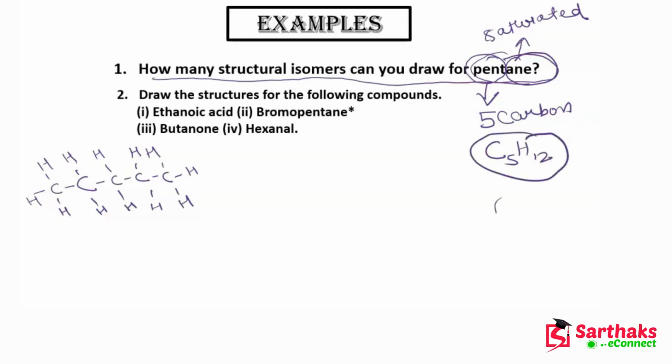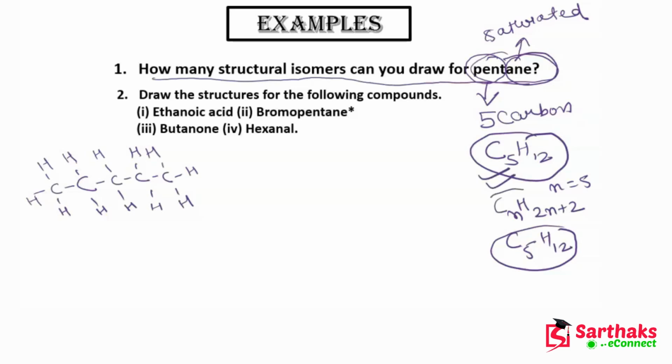You can also check it with the general formula for alkanes: if n equals 5, it will give you C5H12. If you don't know how I wrote it, you can see the previous lectures.